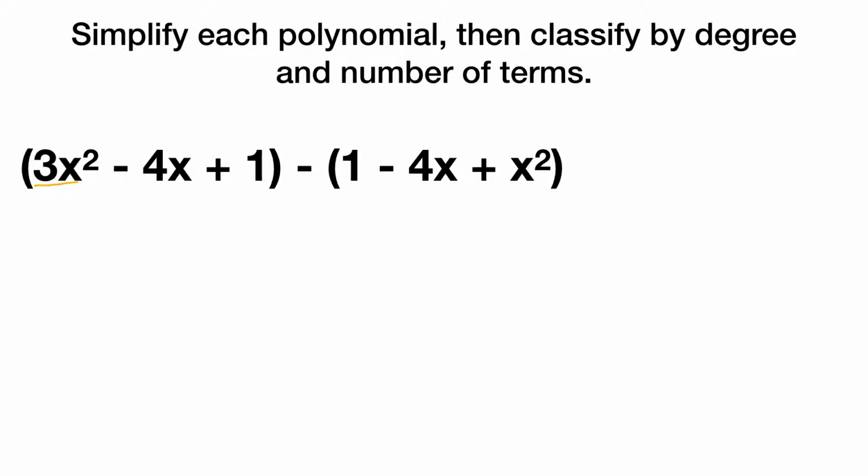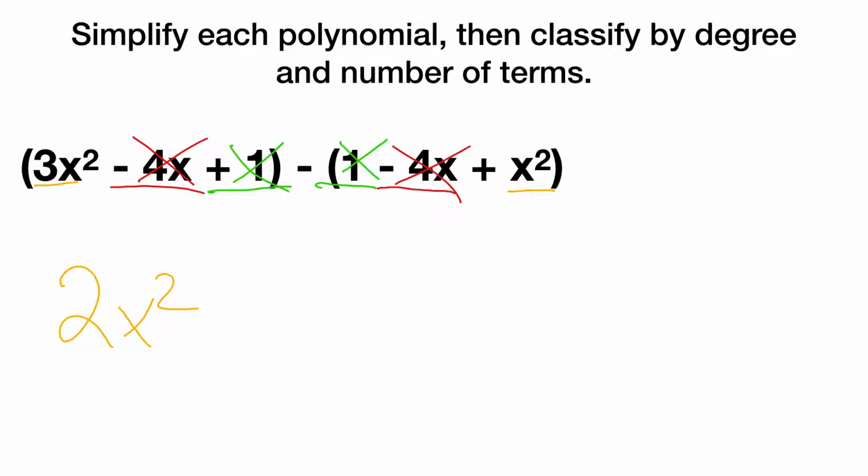So 3x squared minus x squared ends up being 2x squared. Now the next part, negative 4x minus, so that's plus 4x, those are going to cancel out. And 1 minus 1, those also cancel out, meaning we just have a quadratic monomial.